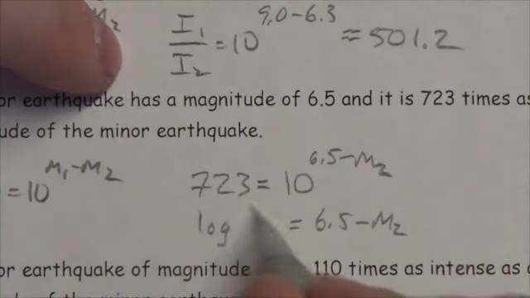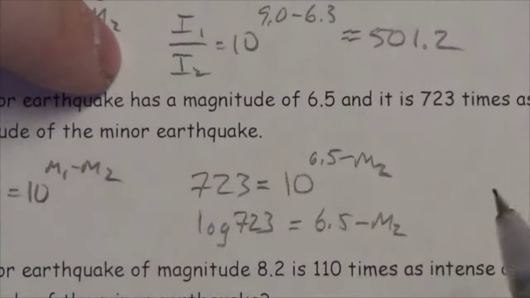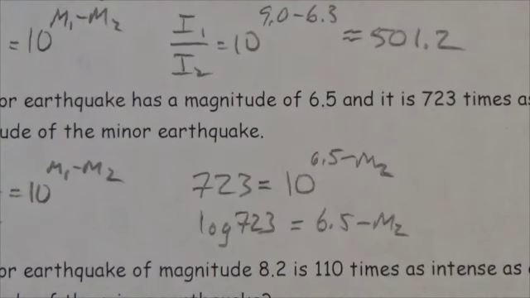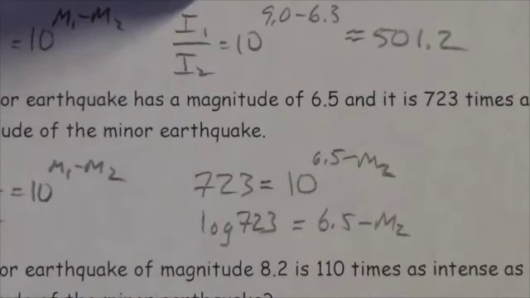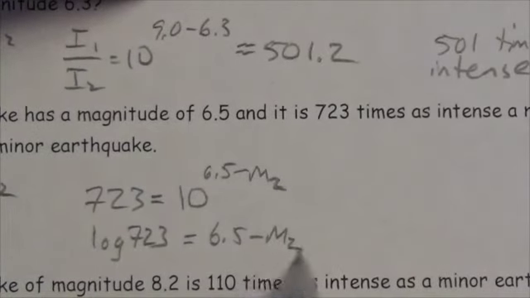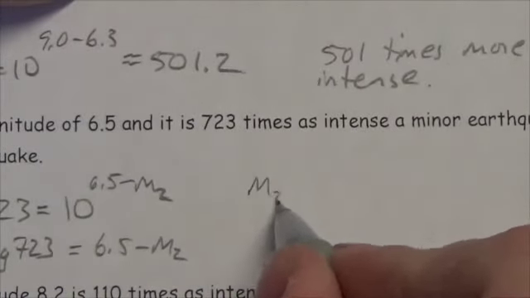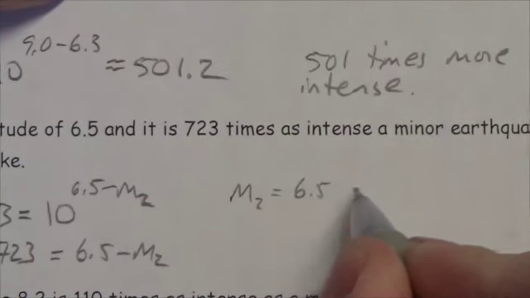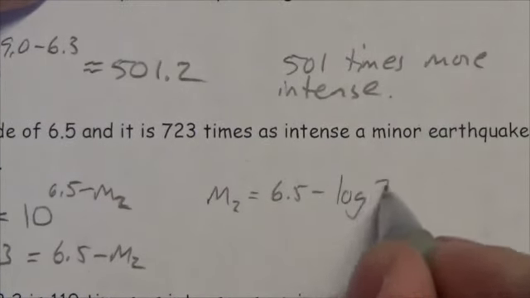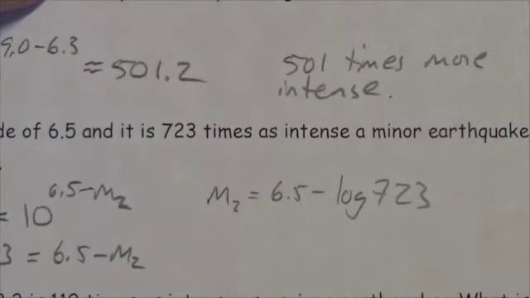And then whatever's on the other side of that power, that's what goes inside the logarithm. Now, I just have to manipulate this equation to solve for m2. So what I would do is bring the m2 over and bring the log of 723 over. So the magnitude of the second quake will equal 6.5 minus the log of 723.